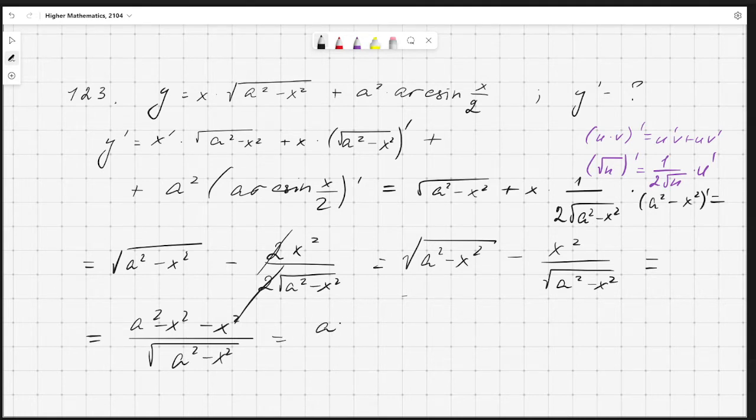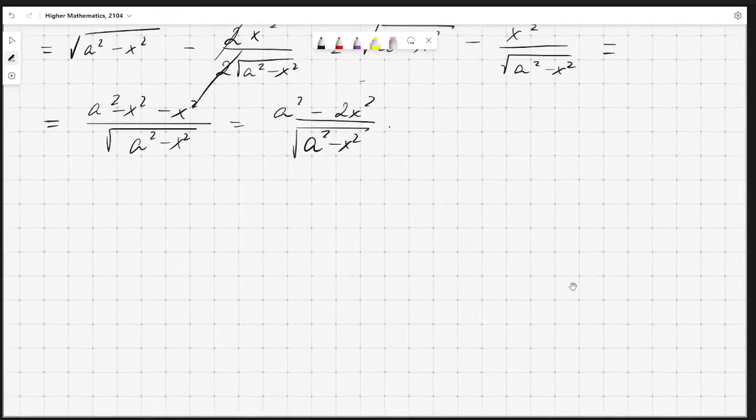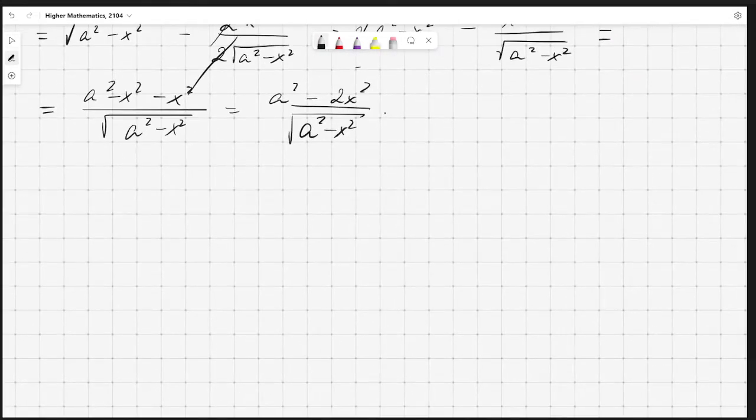We have a squared minus 2x squared over square root of a squared minus x squared. Is it clear? Yes. Very good. Next example.